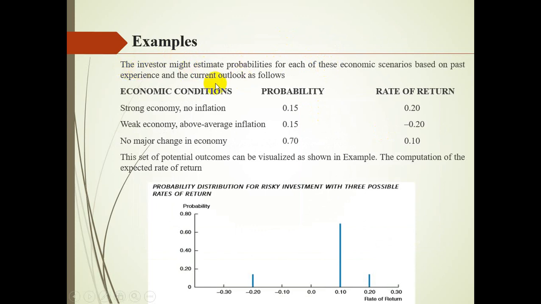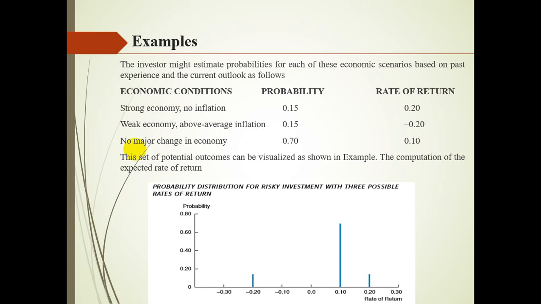The economy has three conditions: strong economy, weak economy, and no major change, which is a normal economy. The probabilities are given as 15%, 15% and 70%, and then 20% is the return, and then minus 20% is the return when the economy is low, and when the economy is average or normal, it has a 10% return.